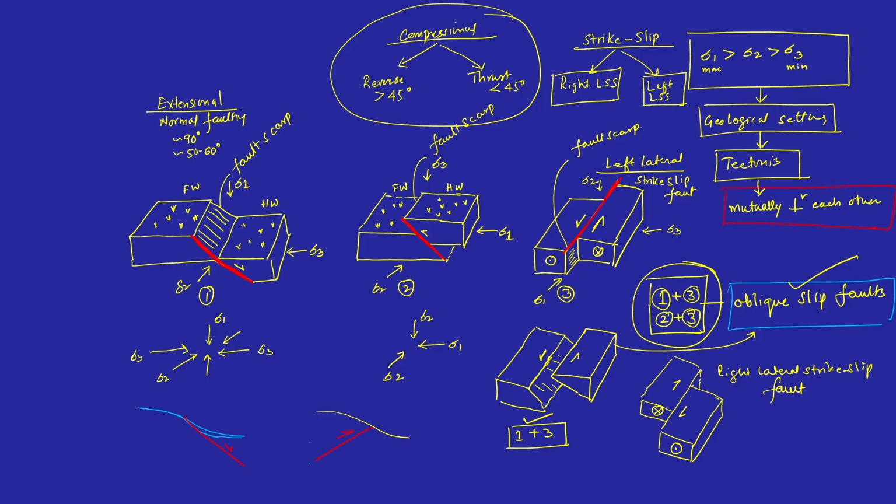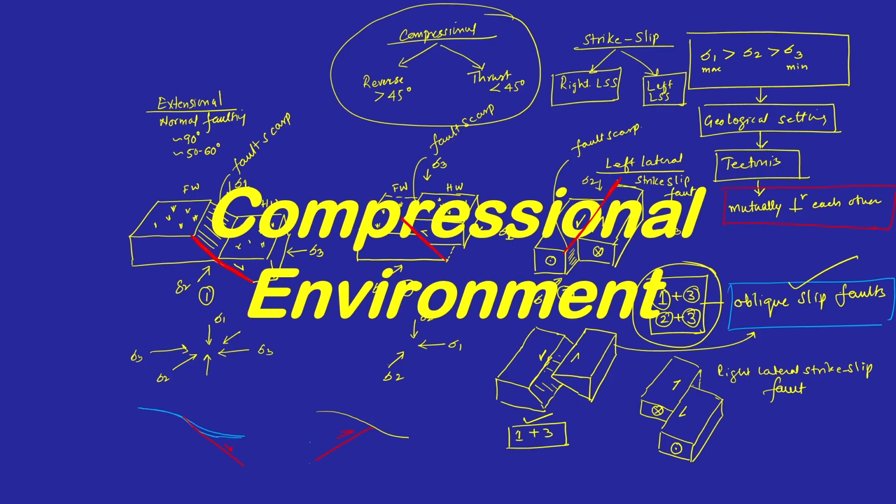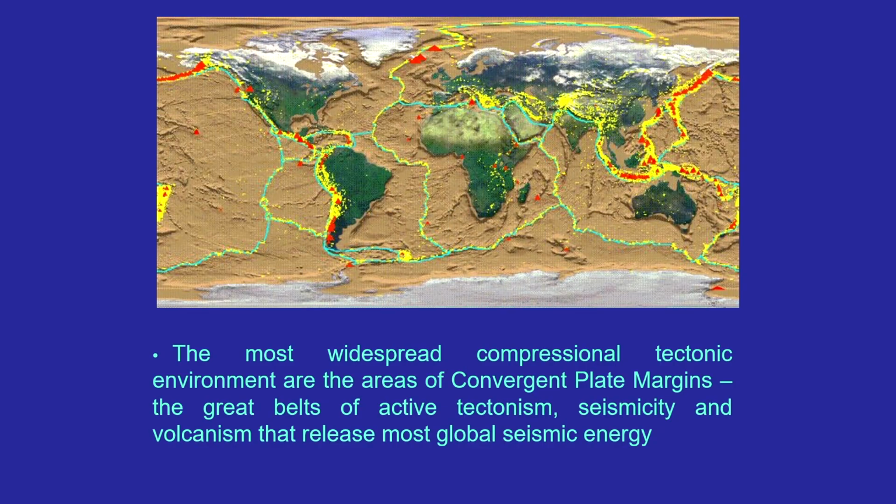Now let us move ahead with the compressional tectonic environment. Okay, so in the compressional tectonic environment, how do we see the signatures of reverse fault and thrust fault. Okay, so the most widespread tectonic environments are the areas of converging plates, and that is mostly in areas like the subduction zones.